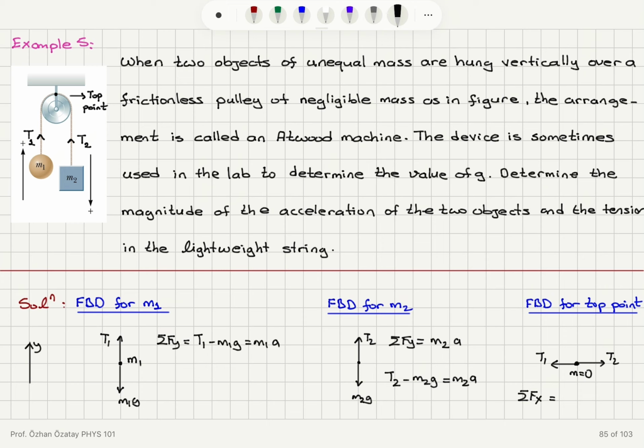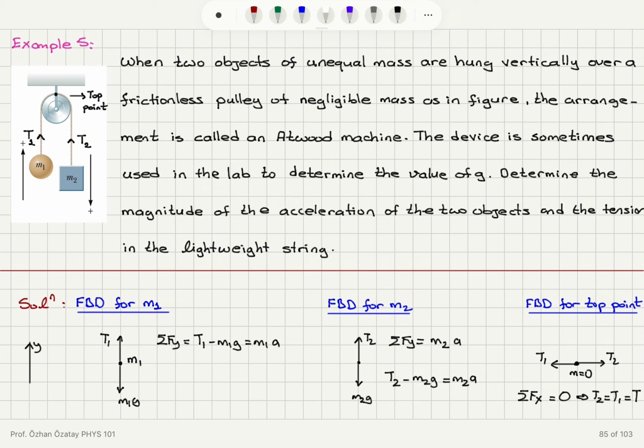Mass is 0, so net force equals 0, which tells us that T2 equals T1 equals T. So the tension on this string is the same on the left side and on the right hand side as well, because we have a lightweight cord.